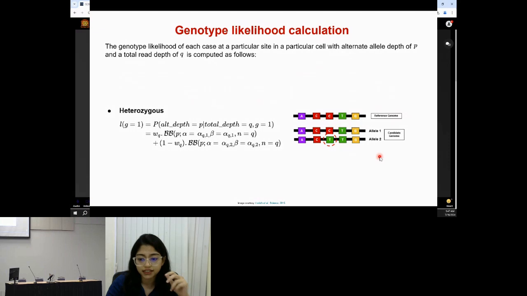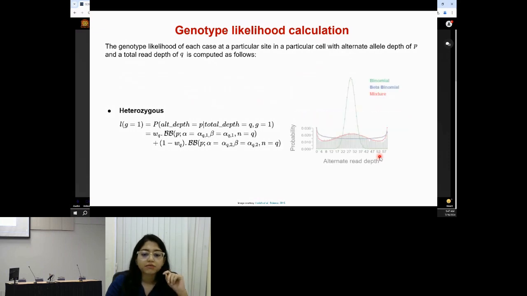Now the next case is the heterozygous mutation, in which we are finding reference evidence as well as alternate evidence, and this is a little bit tedious to configure. Empirically, these are the empirical values, the gray bars, and it is found that the classic binomial distribution is not able to capture the heterozygous sites well. A single beta binomial distribution is also not able to capture this well, but rather a mixture of 2 symmetric beta binomial distributions is able to capture this alternate nucleotide distribution better.